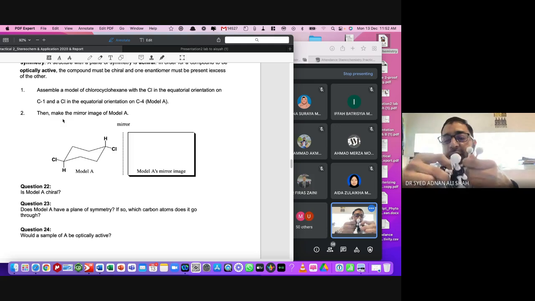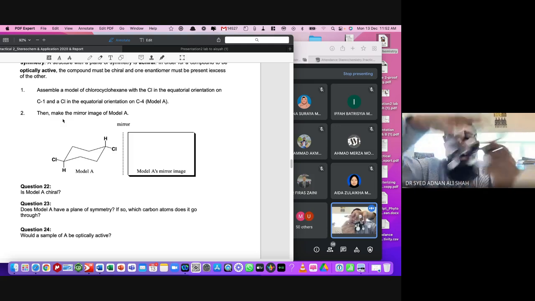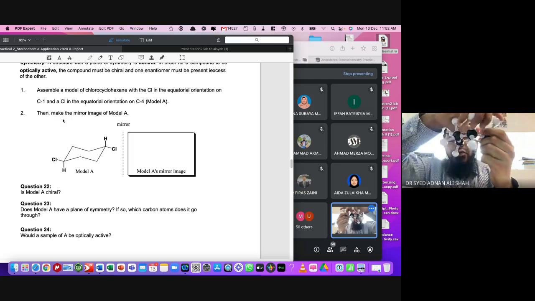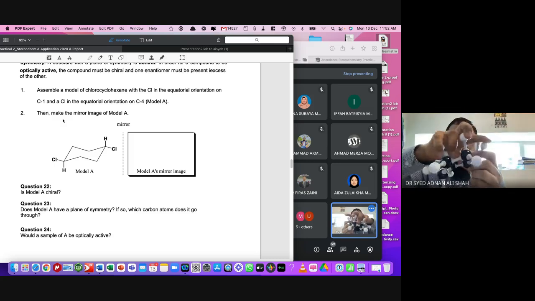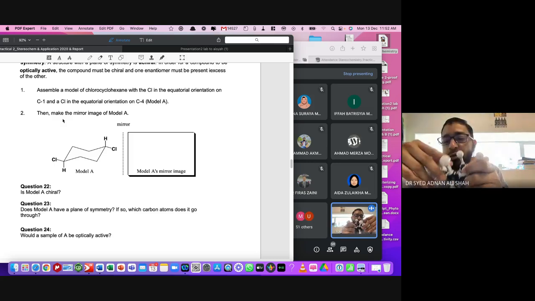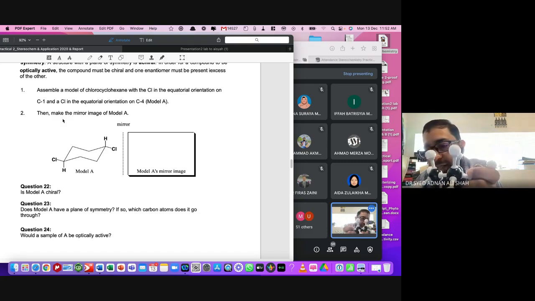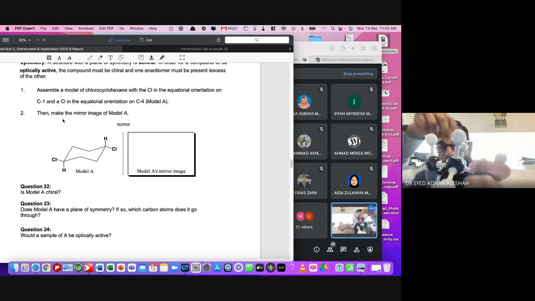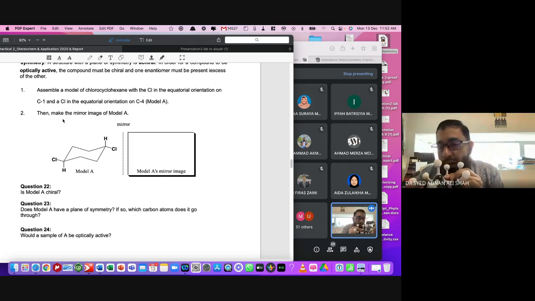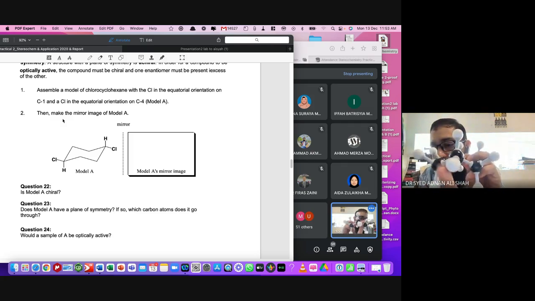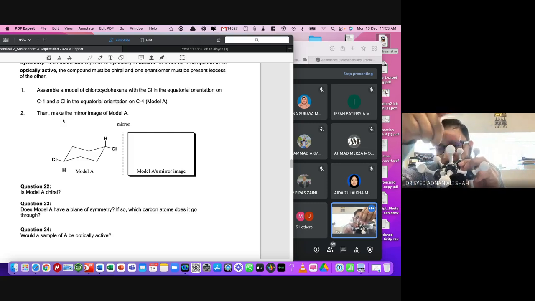So you can see in the chair conformation, all the hydrogens which are on the top, these hydrogens are axial, right? This one is axial and this one is equatorial. This one is axial and this one is equatorial. This one is equatorial, it is toward the equator, and this one is axial.